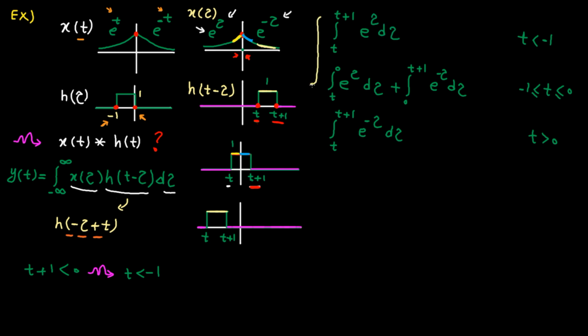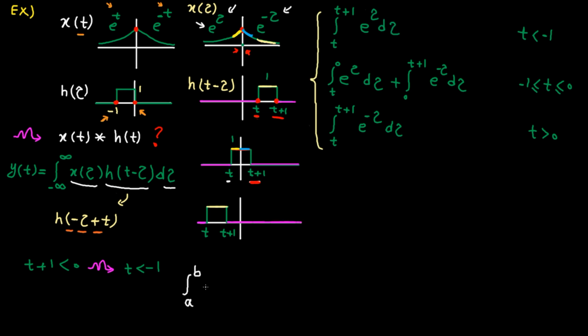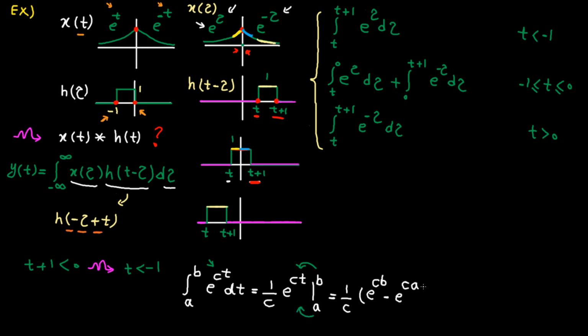Here we go. As we know from calculus, the integral of e to the power of c tau, where c is a constant number, is 1 divided by c, e to the power of c tau, from a to b. To find this definite integral, we need to substitute tau by upper and lower bounds and subtract them. Here's what we get.